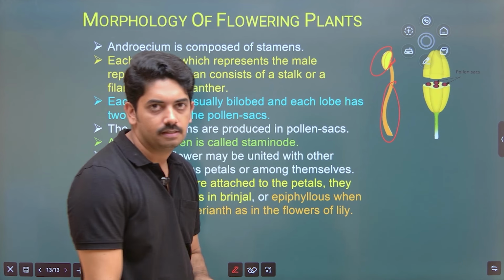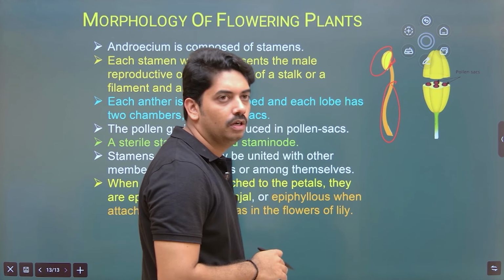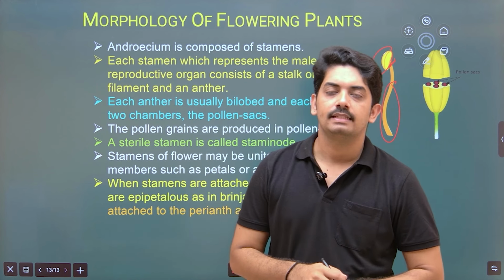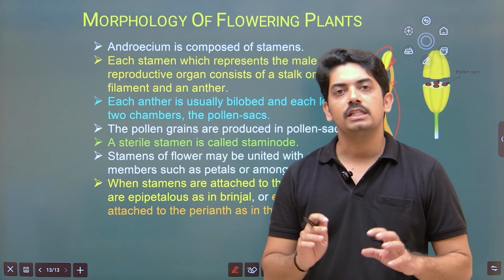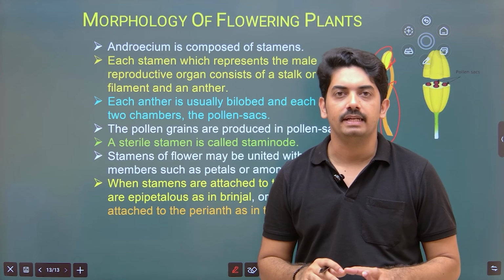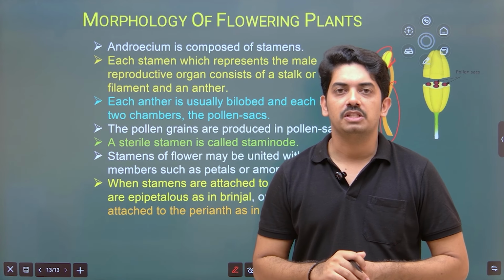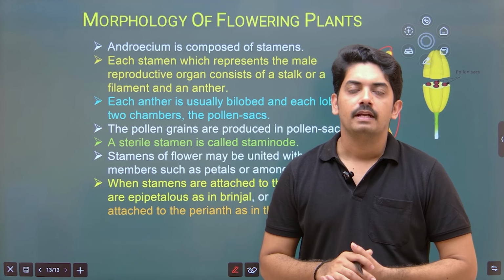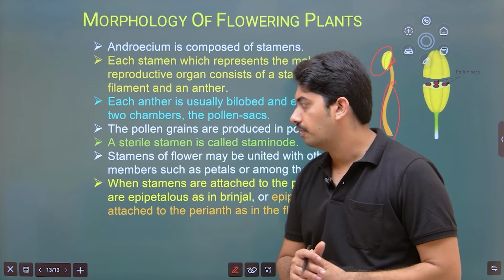The anther lobe consists of pollen mother cells, which undergo meiosis and produce pollen grains. These pollen grains, the male gametes, reach the gynoecium and fertilization takes place, which leads to development of embryo and seed. Nothing but a zygote formation.